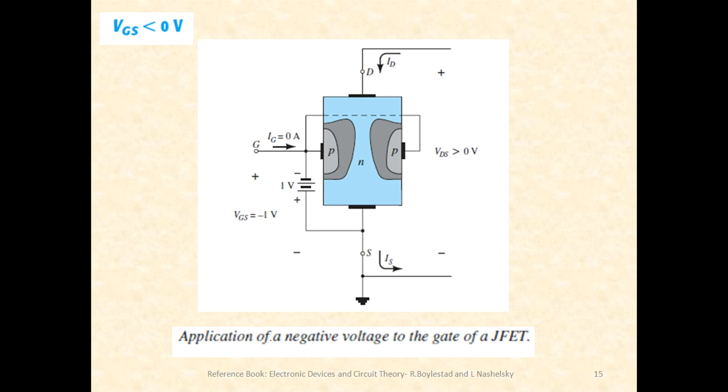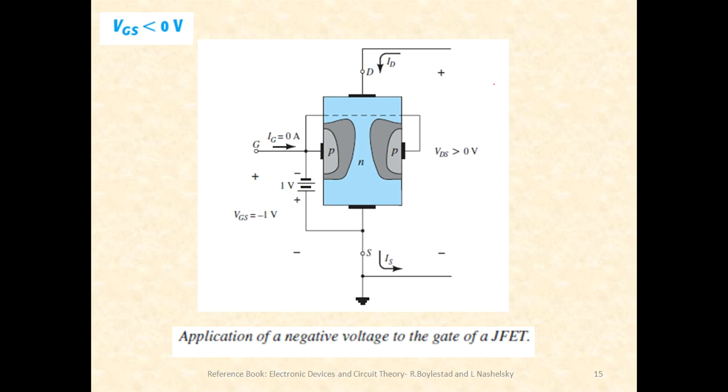Moving next, what happens when VGS is lesser than 0? So far whatever we have discussed was under the condition when VGS was equal to 0. Now what may happen to the current characteristics when VGS is lesser than 0?